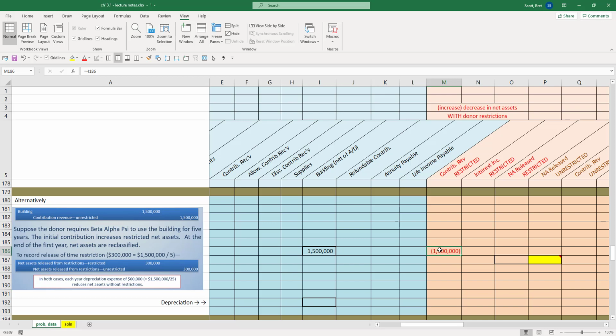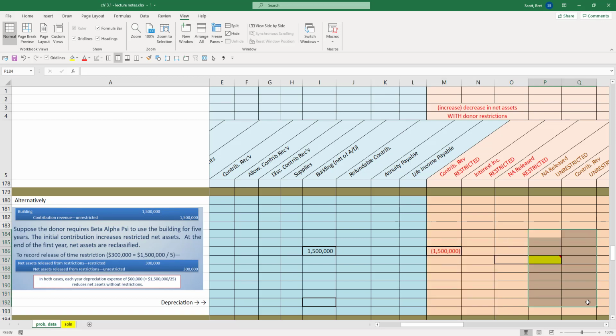So while we cannot say that we've earned this unrestricted contribution revenue, what we can do is, little by little each year as we use it, transfer this restricted portion into the unrestricted portion as it's been earned. Imagine 1 year goes by. How do we go from restricted to unrestricted?